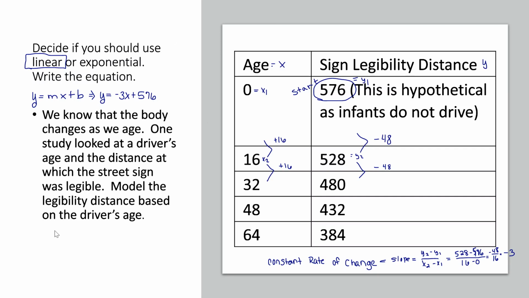So what we want to do with data is that we want to look for a constant rate of change. And if you find it, so if there is a constant rate of change, if that answer is yes, then that's going to be linear.